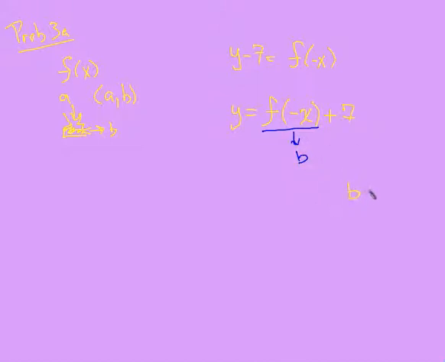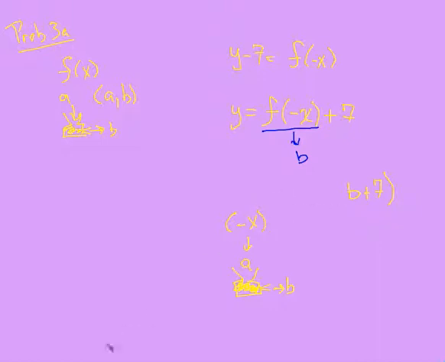So we know that the y-coordinate of this new function is going to be b plus 7, and now I've just got to plug in through the filter something so that when it comes out the other side of the filter, again, we have here this minus x filter, I want it to transform whatever I give it into a, so that that a drops into this function machine, unknown operation on the inside, but it'll spit out a b, and then we add a 7 to it, which gets us the b plus 7.